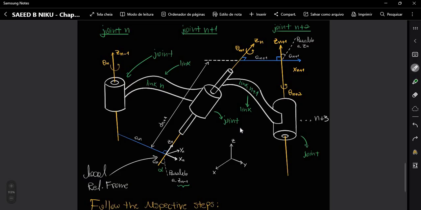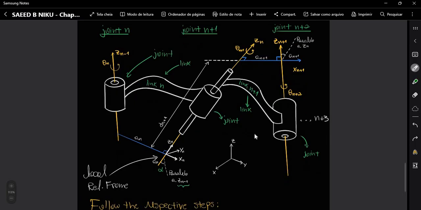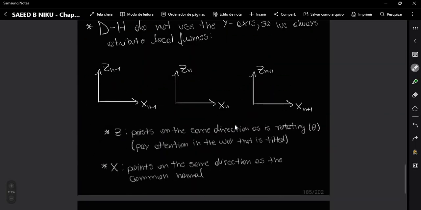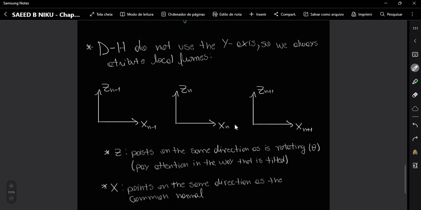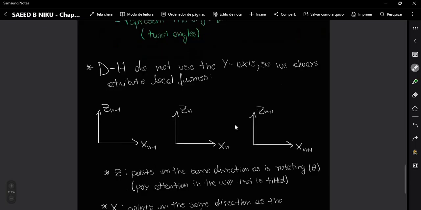Link n plus 1. What else? We have this angle alpha. Okay, hope this way is now more clear, and we can now take step 3.